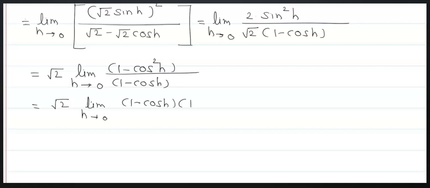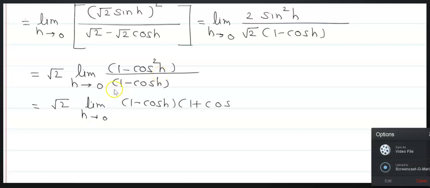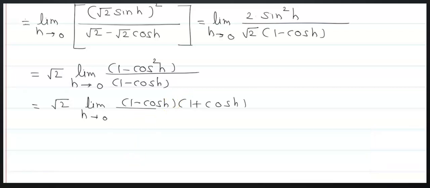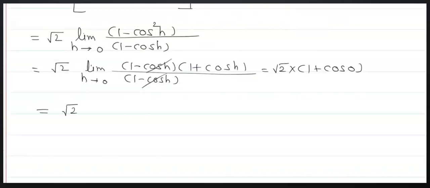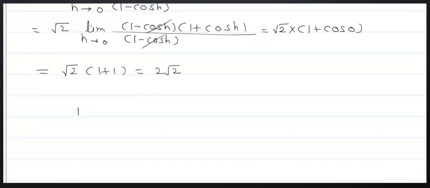Sin square h means what? 1 minus cos square h upon 1 minus cos h. Split it up, 1 minus cos h will get cancelled. Therefore root 2 in bracket 1 plus cos of 0, cos 0 is 1, that is 2 root 2. This is the answer.